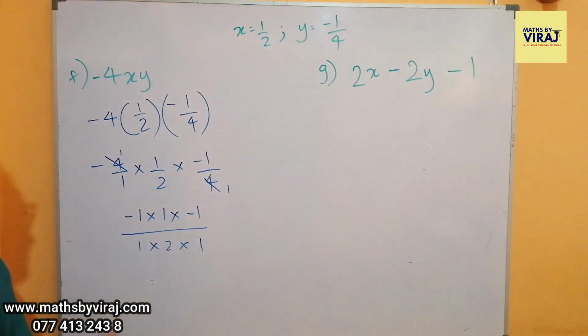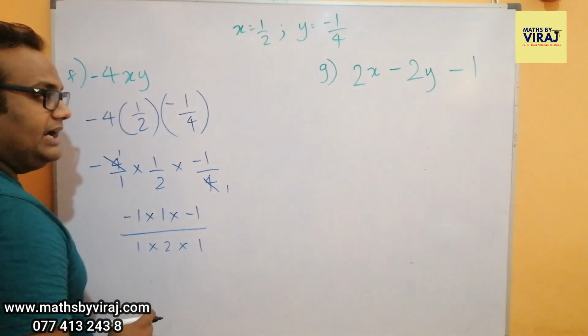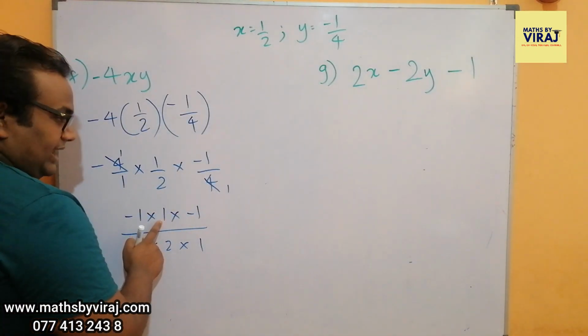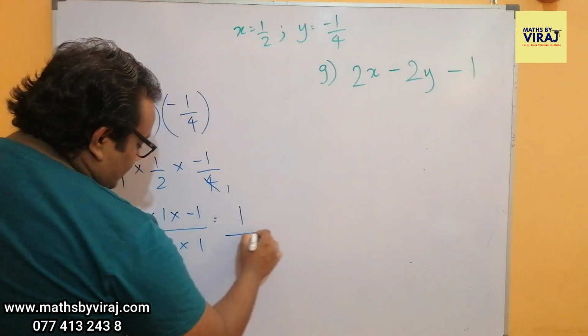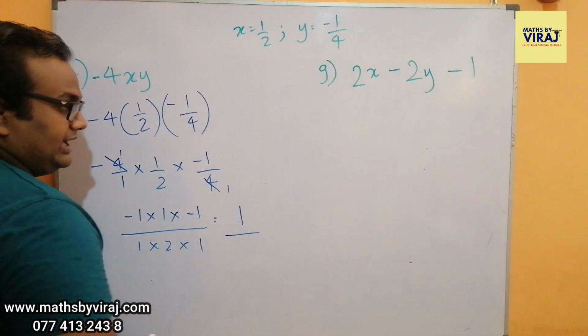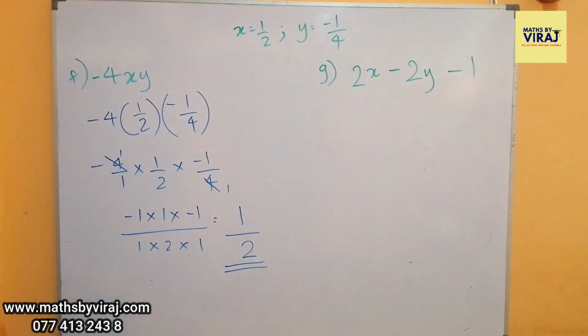Minus 1 into 1 is minus 1. Again that is to be multiplied by minus 1. Therefore, we have minus 1 into 1, minus 1, minus 1 into 1, it is plus 1. 1 into 2, 2, and 2 to be multiplied again by 1, the answer is 2. Therefore, the final answer we have is half.